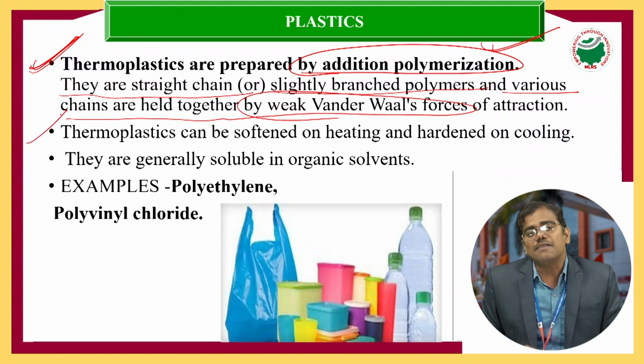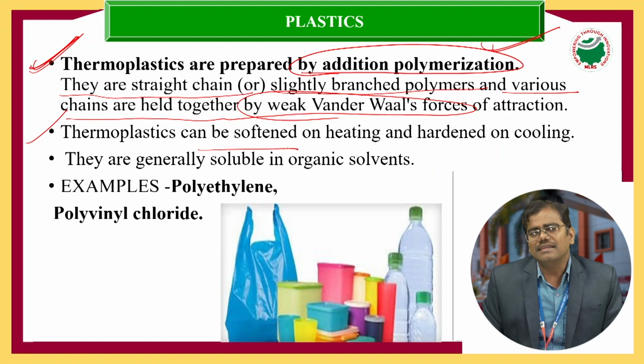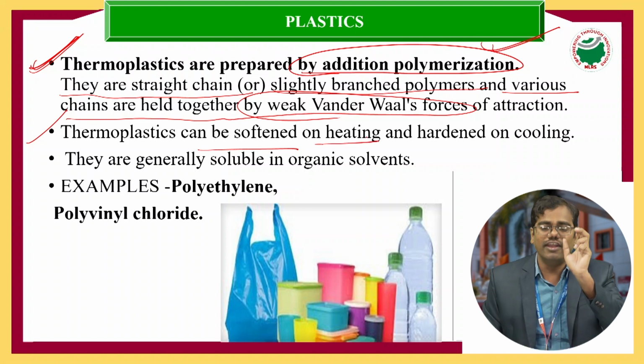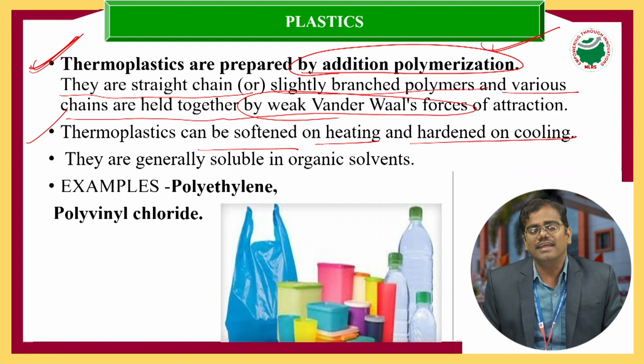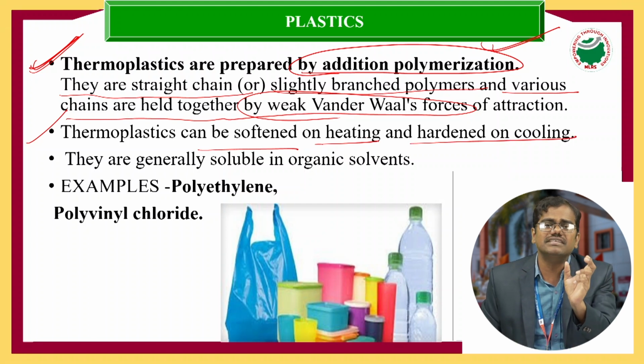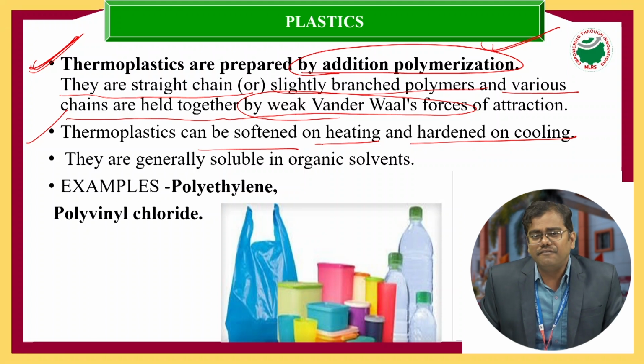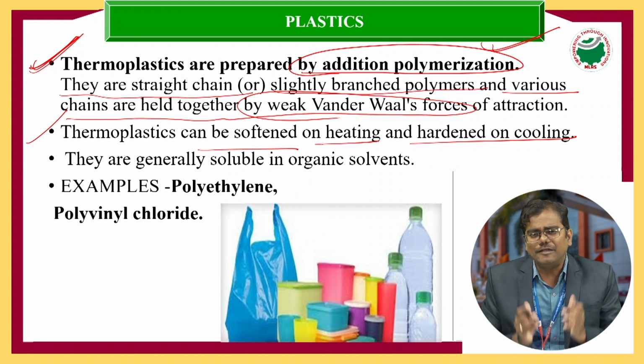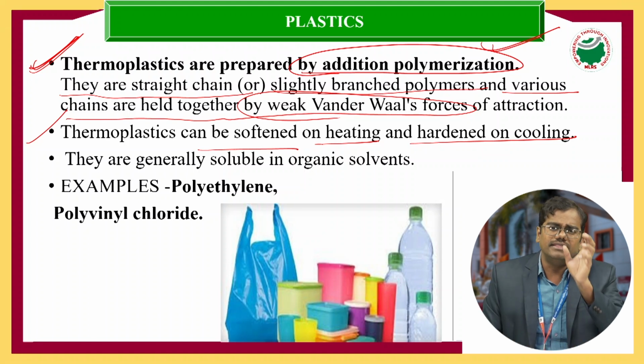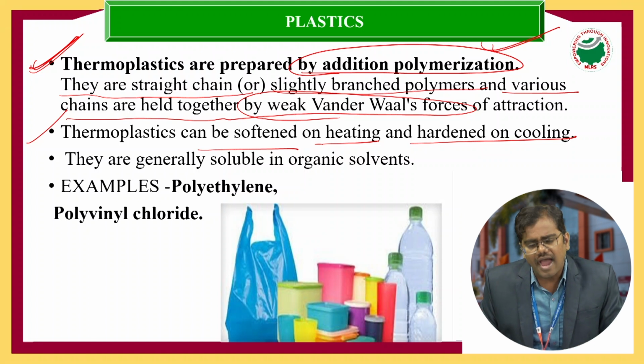Second point, these thermoplastic resins are very soft. We can define them as resins which can be softened on heating and hardened on cooling. That means by heating the particular plastic material it becomes very soft, and after that, while cooling, that plastic material becomes hard.